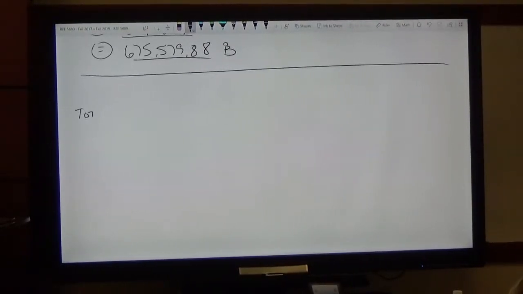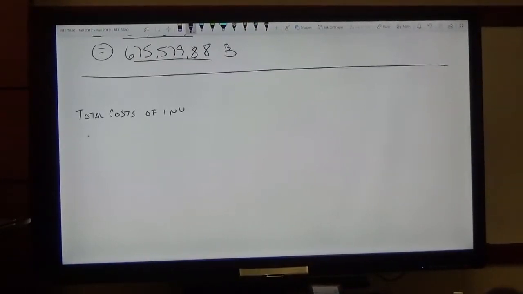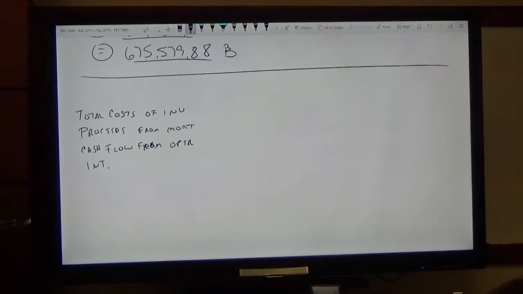You've got total cost of investment. We've got proceeds from mortgage. We've got cash flow from operations. We've got the interest payment. Cash flow from sale.